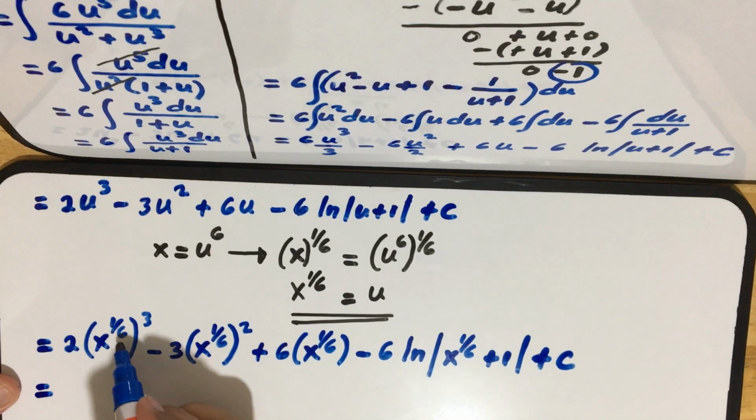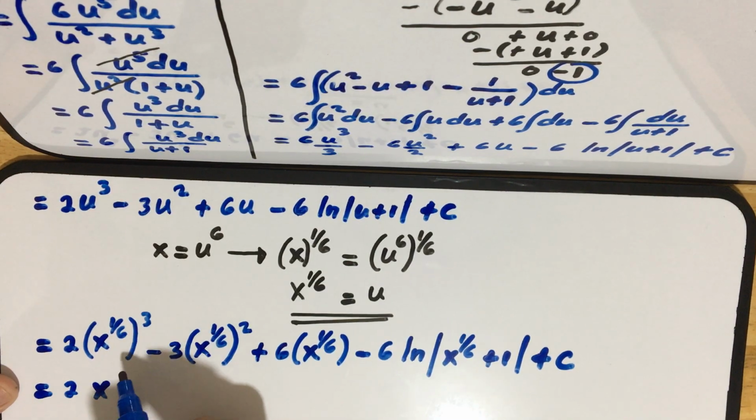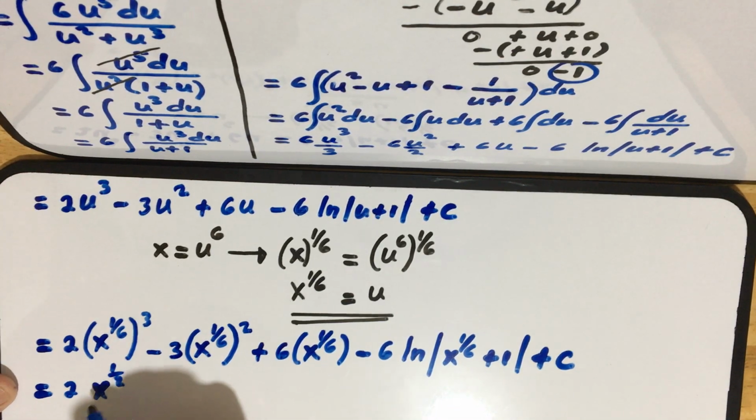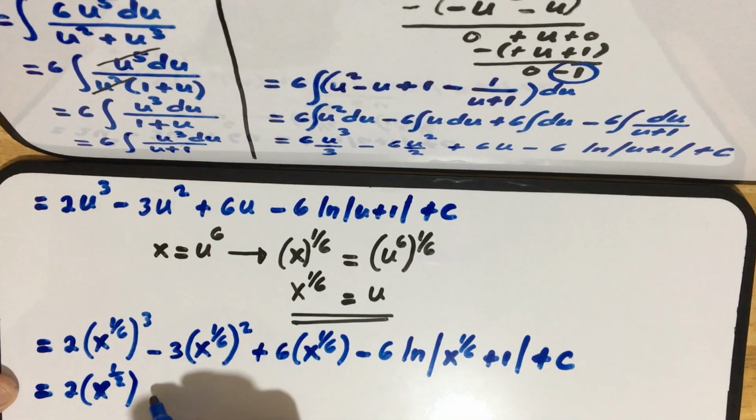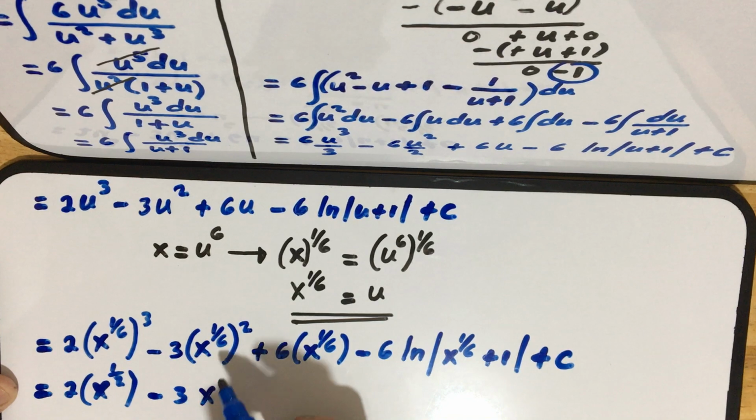Okay? So what is 1/6 times 3? That is 1/2. So this will be x to the power 1/2. Then minus 3 times x to the, what is 1/6 times 2?